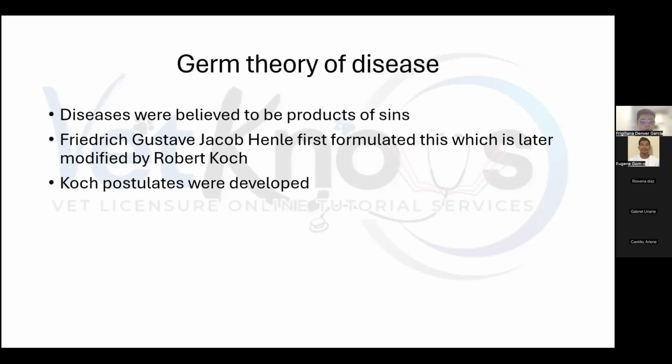However, I will throw in information every now and then with regards sa history ng ating microorganisms or microbiology. So initially, Robert Koch and Jacob Henle tried to explain how infectious diseases were developed, and they produced the Koch postulates. So as a review, ito yung mga apat na postulates natin.